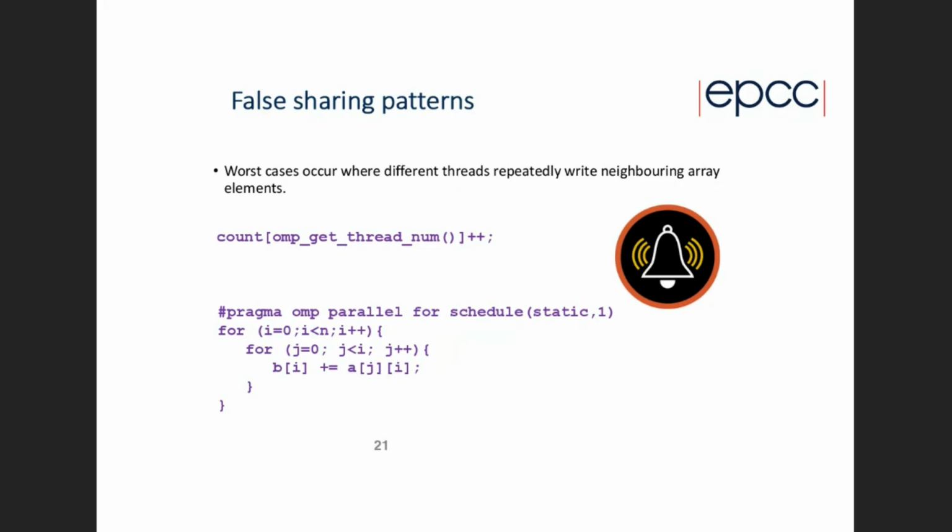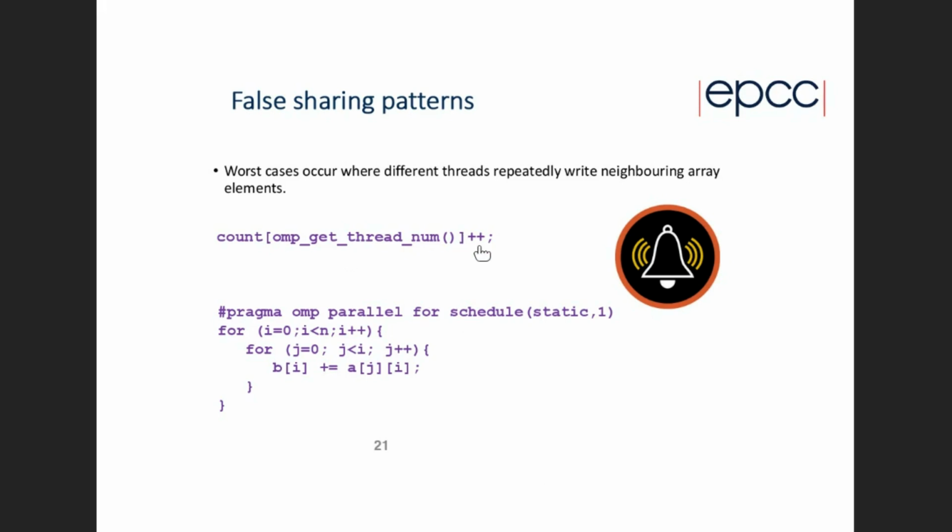That's nasty because it's very difficult to detect, so you just have to have it in mind when you're writing code. Usually the worst cases occur when different threads repeatedly write neighboring array elements. You might have a pattern like this: I want to count some event that's happening on every thread, so I have a shared array, and I use my OpenMP thread number as an index into that array.